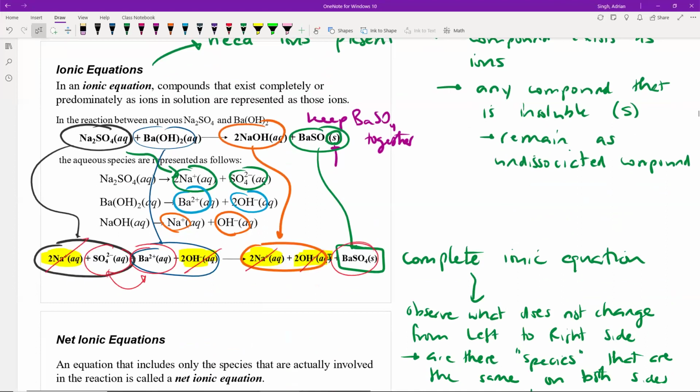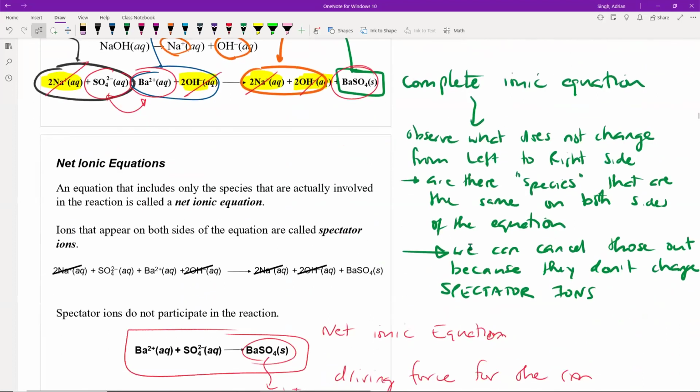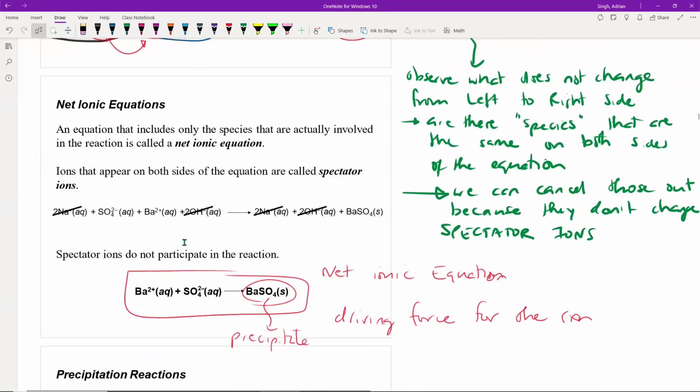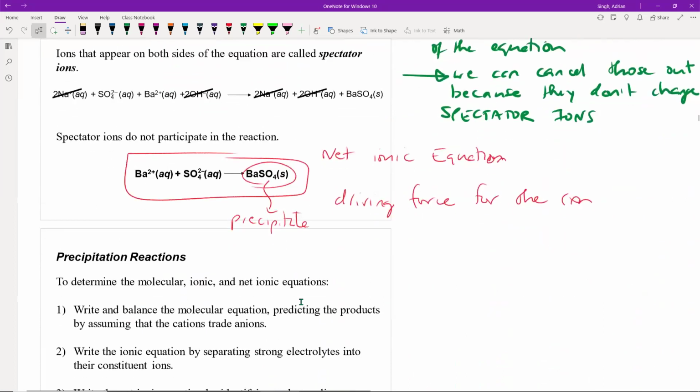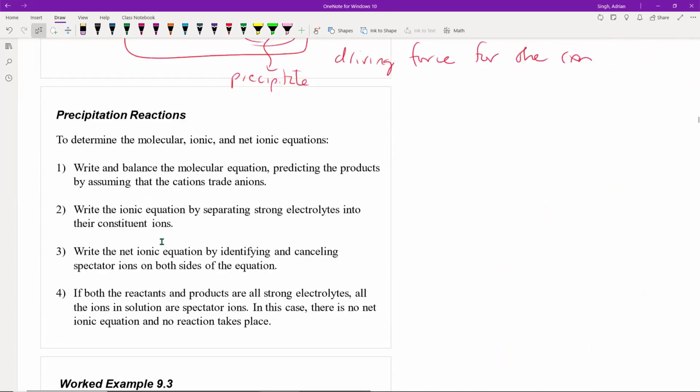That's your complete ionic equation. Then we will cancel out the ions that are the same on both sides of the equation. Those are your spectator ions. So spectator ions are canceled out. Then what you're left with is known as the net ionic equation, and that is the driving force for this reaction. Okay, so those are the steps here that are listed out.